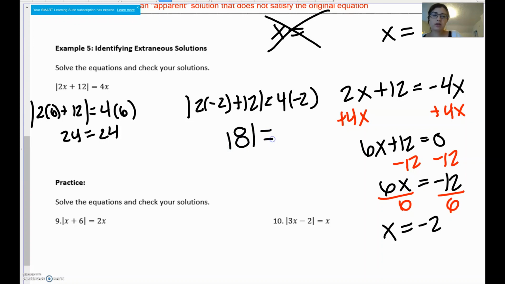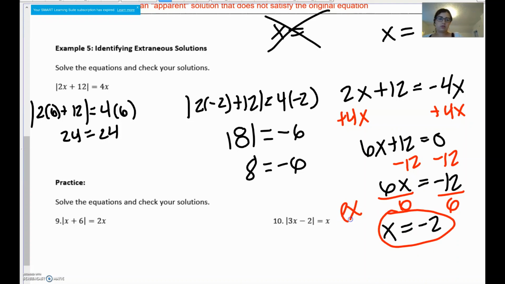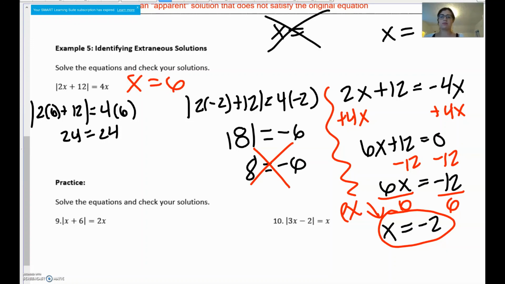Absolute value of 8 is 8. So that equals 4 times -2, which is -8. 8 does not equal -8. So this is our extraneous solution. So that's the apparent solution that we did all this work for just to realize that it does not work. So in this case, x only equals 6.